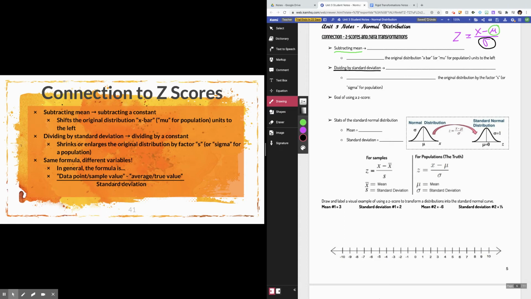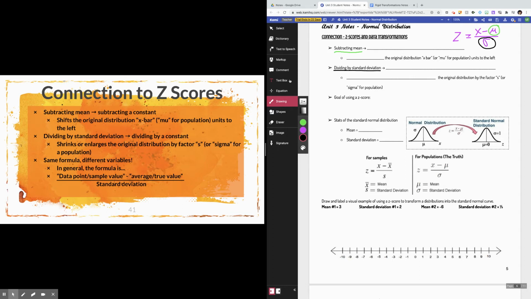So it's exactly the same as what we just did. So when we calculate a z-score and when we standardize things, essentially what we're doing is taking our original data set and transforming it by moving it either to the left or to the right on the x-axis. And then we're also going to either enlarge it or shrink it, depending on whatever the standard deviation is.